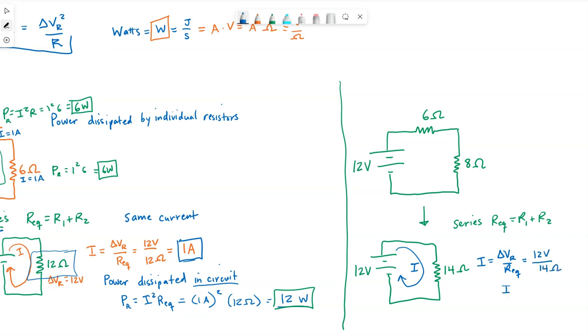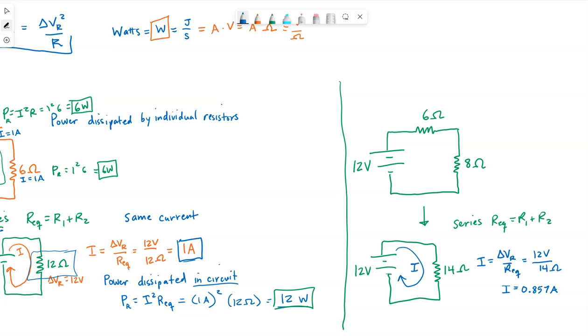So the current is different simply because the equivalent resistance is different. So we have less current flowing this time, which hopefully makes sense because we have a larger equivalent resistance. The amount of current that flows in a circuit is always dependent on the voltage supplied and the equivalent resistance. If we change the equivalent resistance, that changes how much current can flow.